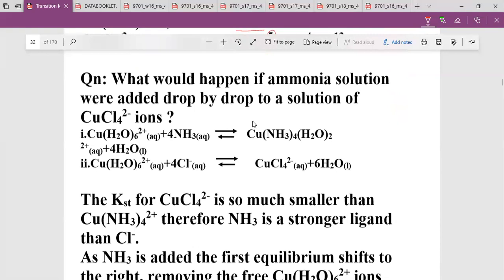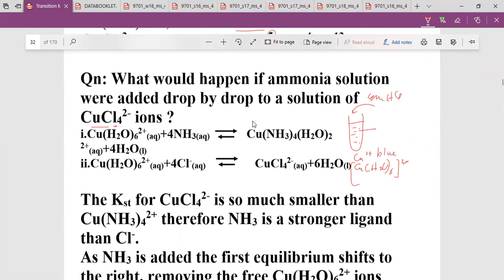The question is, what will happen if ammonia solution is added to copper tetrachloride? I'll do it in class so you can see very clearly. Let's say we start with copper 2 plus first, which is Cu(H2O)6 2+, and you put in concentrated HCl. The blue color will change to orange.